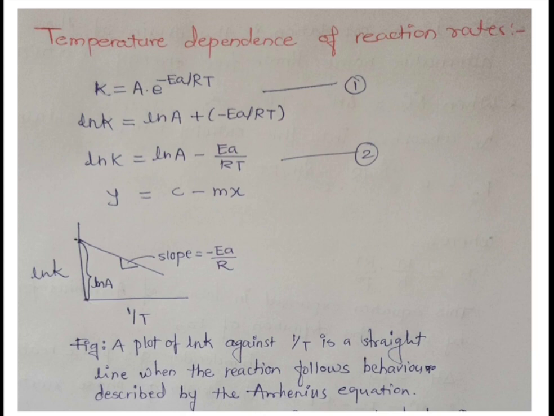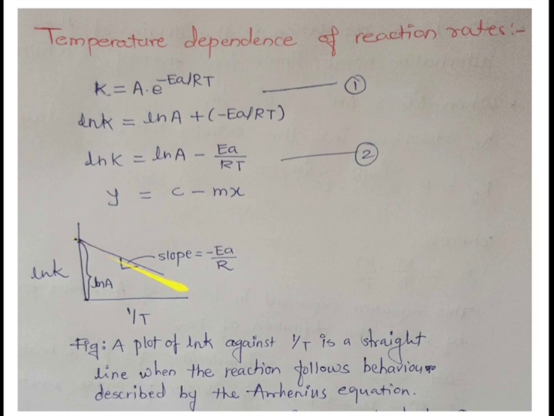Now we are going to plot a graph. Just draw the y and x axes. On the y-axis there is ln k, on the x-axis 1/T. Now the equation obeys a minus slope, so y = -mx + c is applicable here.